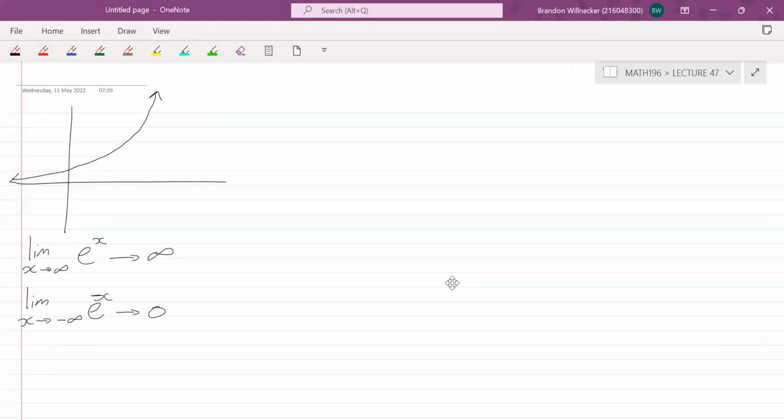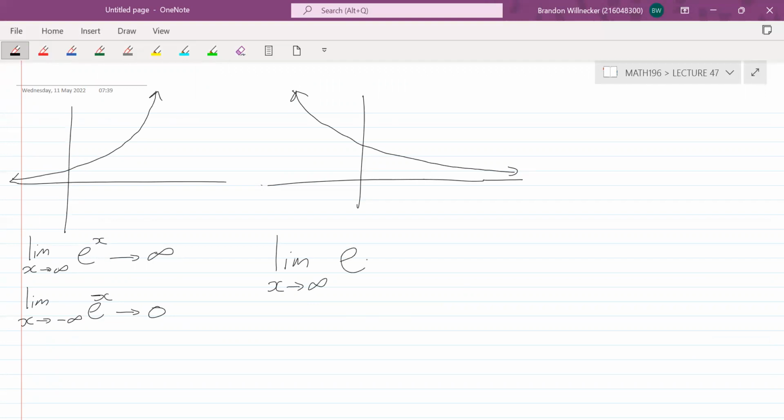Now, if we look at the flipped version, if we look at e to the minus x, it's going to look like this. Now, in this case, we have the reverse. So the limit as x goes to infinity of e to the minus x, that's going to go to 0 now. Okay, because if we follow this to the right, it's going to go down to 0.